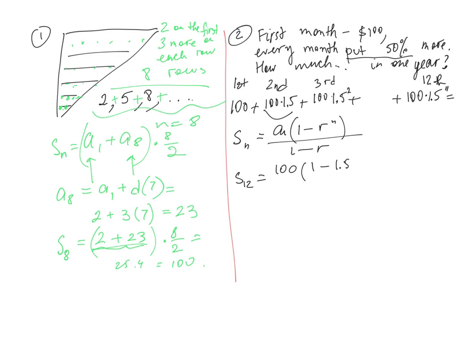The last term here has 1.5 to 11th, but the formula says the power is n, which is the number of terms, so it should be 12. So this is a tricky moment. You need to pay attention. 1 minus 1.5. Do I really want to calculate it? Okay, you do it, and then come back and check. So I got 25,749.27, assuming it's money, so rounded to the nearest hundredths.